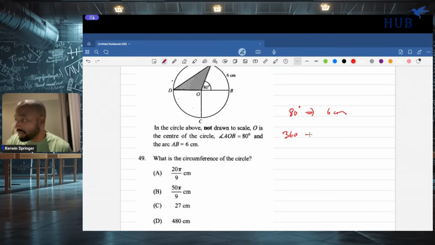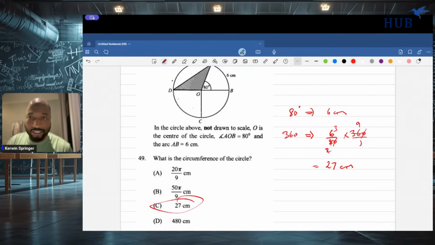So 360 degrees will represent 6 over 80. Find for 1 and then multiply by 360. So cross: 4 into this 2, 4 into this 9, 2 into this 3 by 9 is 27 centimeters. C is the answer.